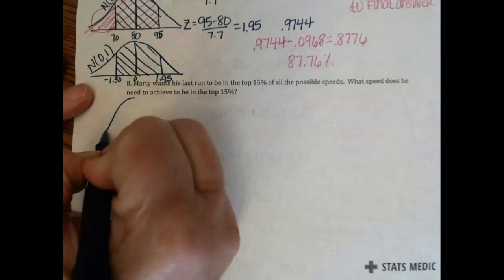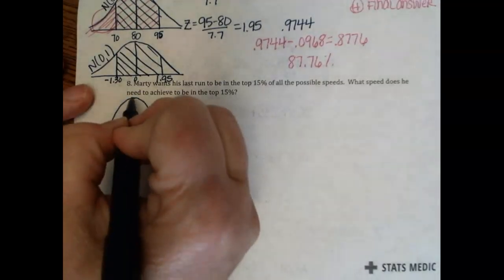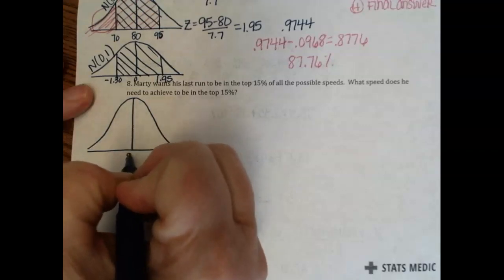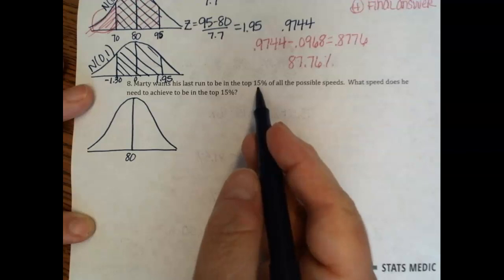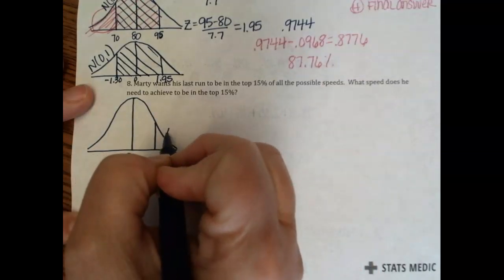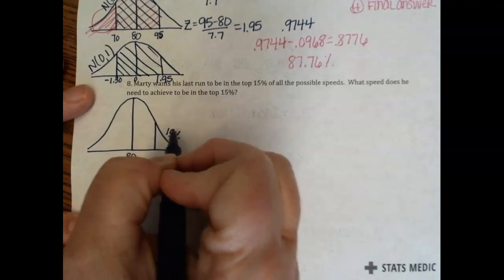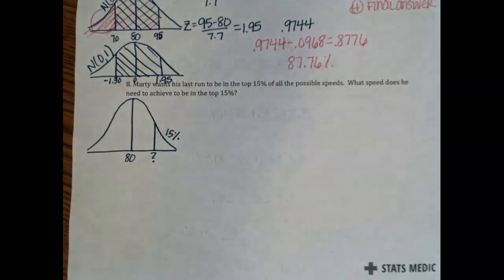I like to draw the picture first, and I think it helps you think about what you've got to do. So we're at 80. The top 15% means 85% or below. Well, the 85th percentile is going to be over here. So I want 15% to be here, and that's going to be 85%. What I don't know is that number right there.